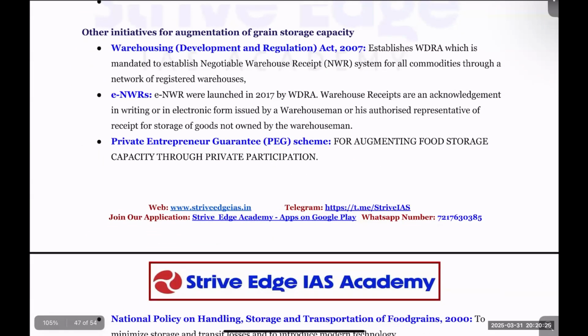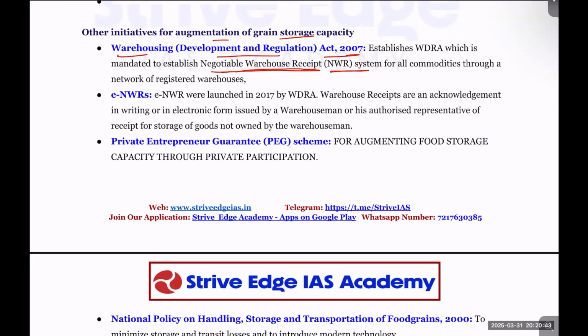So, other initiatives for augmentation of grain storage facilities: the Warehousing Development and Regulation Act 2007 has been launched by the government of India. It will be issuing the Negotiable Warehouse Receipt, NWR, system.